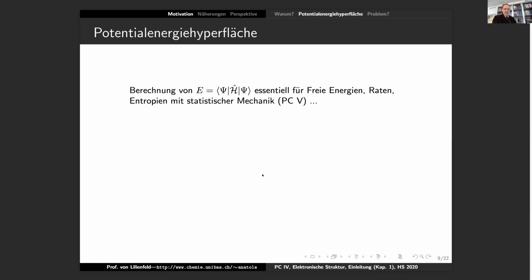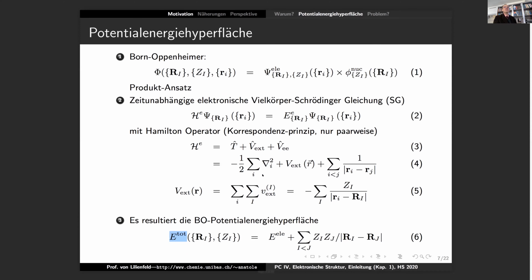And that's something you will encounter in more detail in statistical mechanics, how you will use this. This lecture series is about how we calculate this. How do we get this?